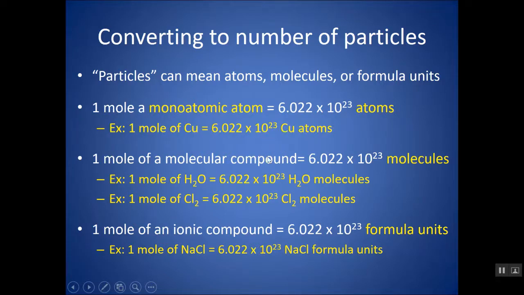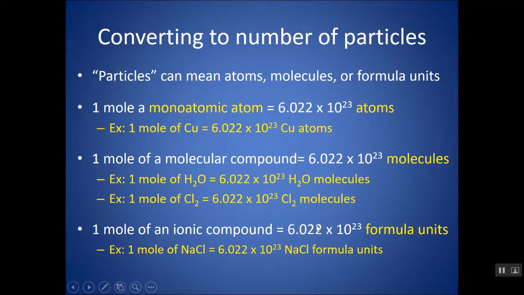If I'm talking about a molecular compound, so these are different molecules, something like H2O, or my diatomic elements, things that are made up of more than one atom joined together, that's when I'm using the term molecule. So 1 mole of H2O contains 6.022 times 10 to the 23rd H2O molecules. 1 mole of Cl2 contains 6.022 times 10 to the 23rd Cl2 molecules.